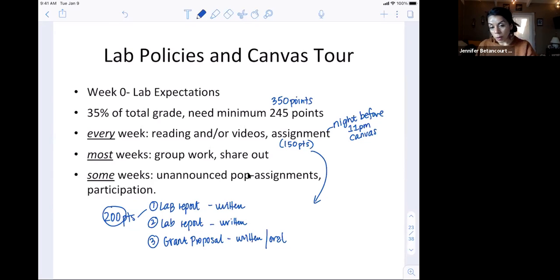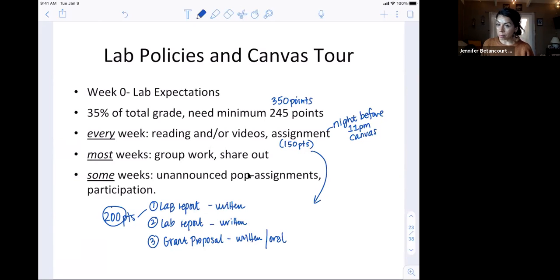Okay, and then some weeks you will get unannounced pop assignments. So that's why it's so important to come to lab, not only because you have to come so that you can experience that group discussion. When Zoom assigns you to those groups, that also is going to be your group that you complete that assignment with.